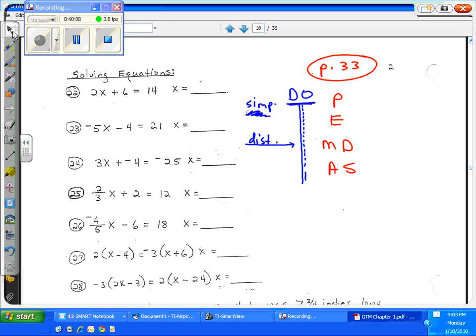Looking for combining like terms when we get to addition and subtraction. When we've done all we can to simplify, then we do the bottom of the horseshoe, which says get the variable that you're isolating on one side of the equal sign, remembering to change the sign when you cross over.